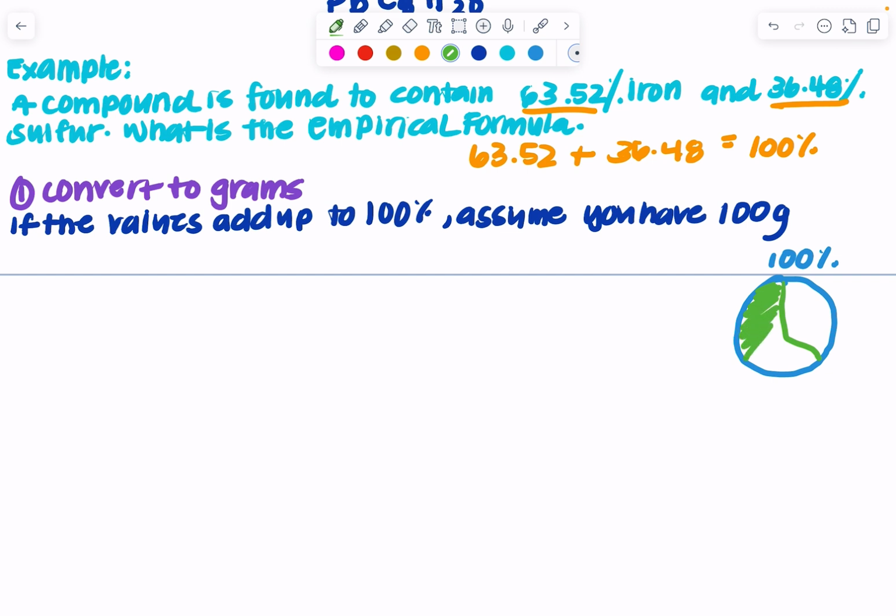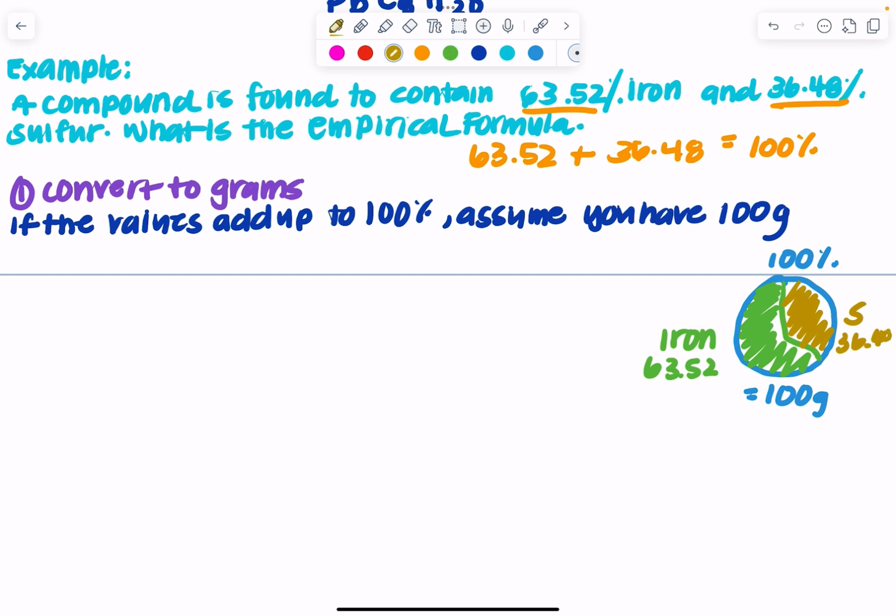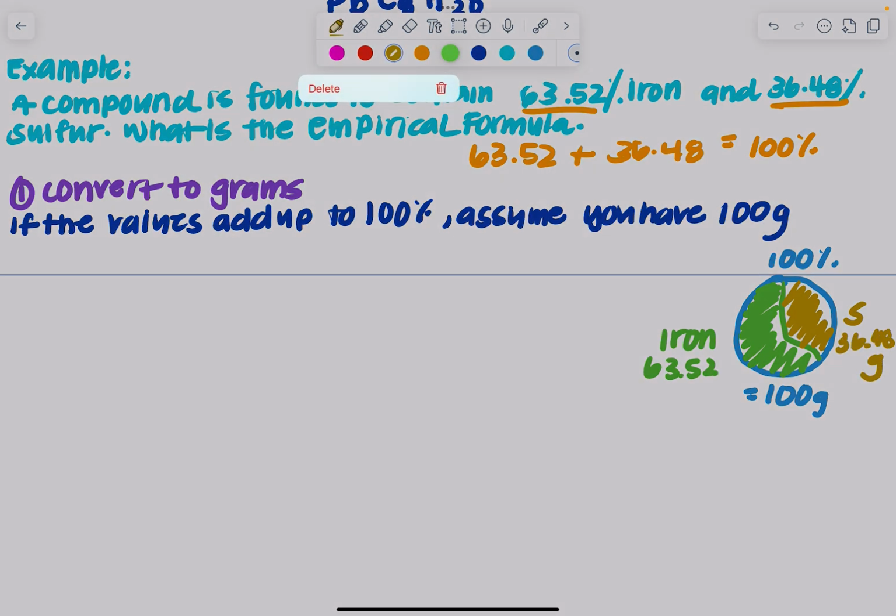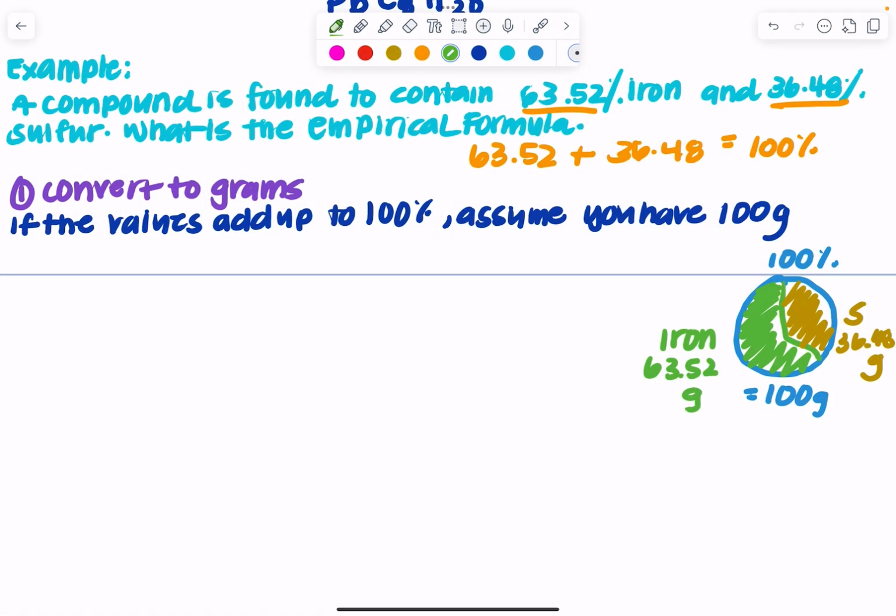So this is going to be iron. And this is going to be sulfur. Now, if I told you that this equals 100 grams, then we know we have exactly 63.52 and 36.48 grams of each of these. Okay? It's just an easy way, just kind of quick math.